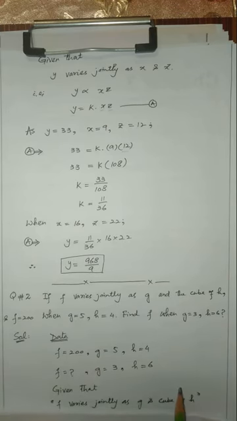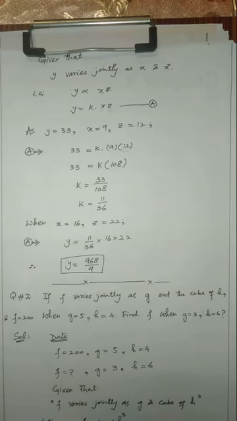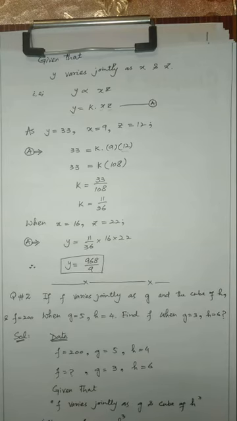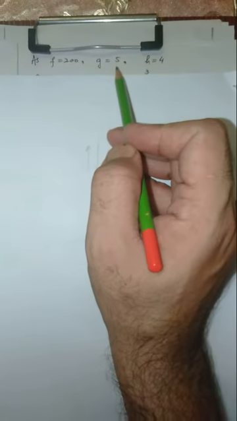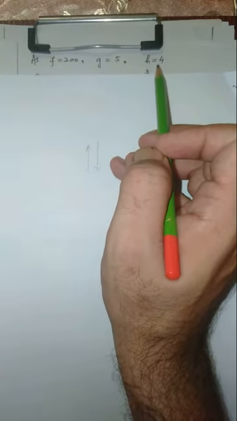Given that small f varies jointly as g and the cube of h, mathematically it can be written as f is proportional to g and h cube. To remove the proportionality, f is equal to k times g times h cube. This is called equation A. Here f is equal to 200, g is equal to 5, h is equal to 4.